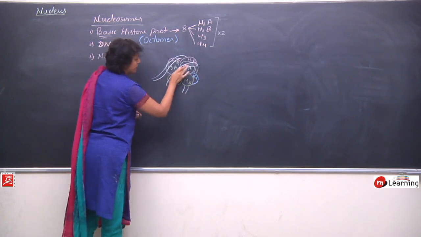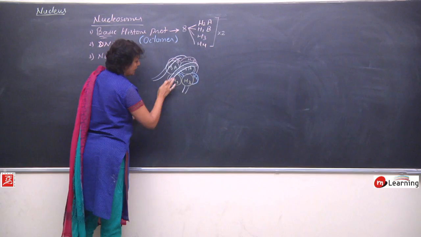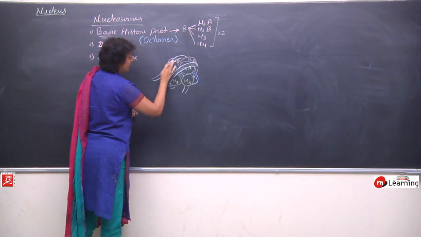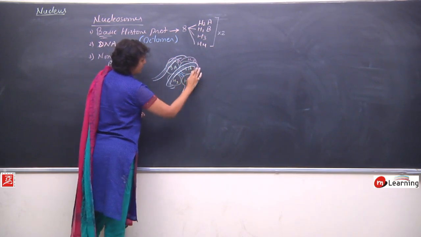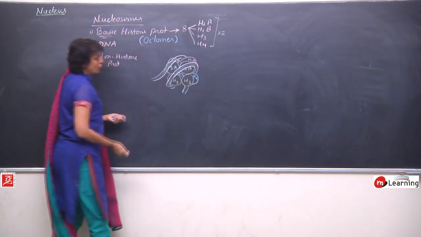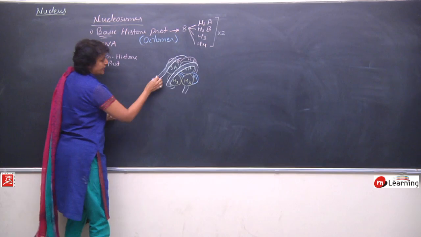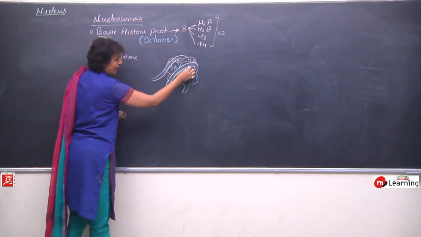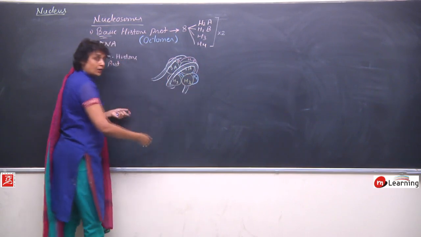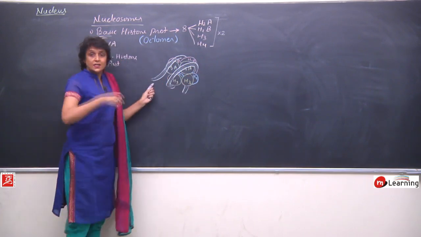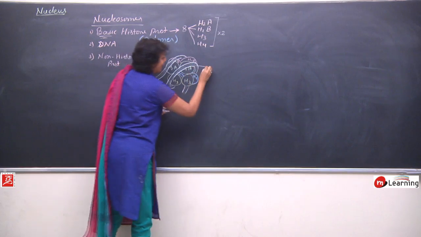If we erase this inner part, what do we see? This is the DNA going from here to the back side, again coming from the front and again going behind it. So this DNA strand is wrapped around.